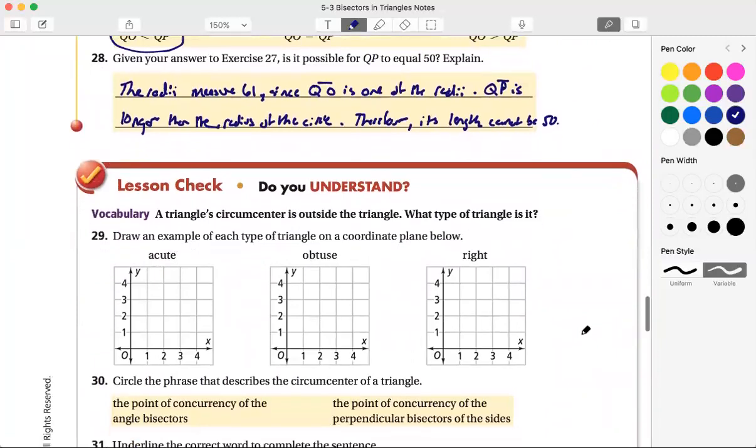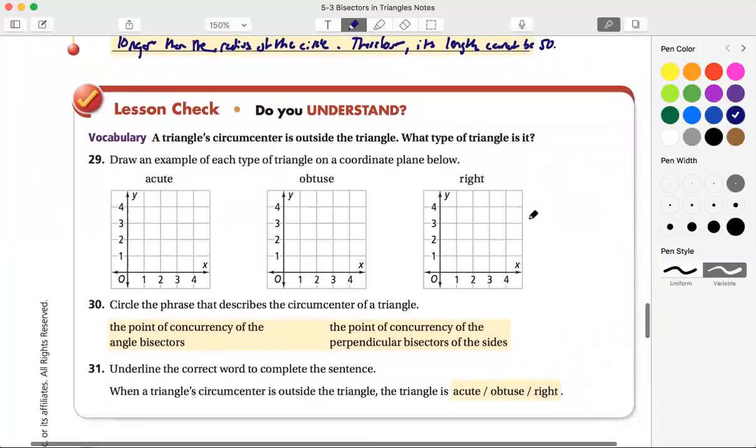All right. So a triangle's circumcenter is outside the triangle. What type of triangle is it? Let's draw some examples. First, an acute triangle. Let's use the points 1, 1, 3, 0, and 2, 4. This will be an acute triangle.